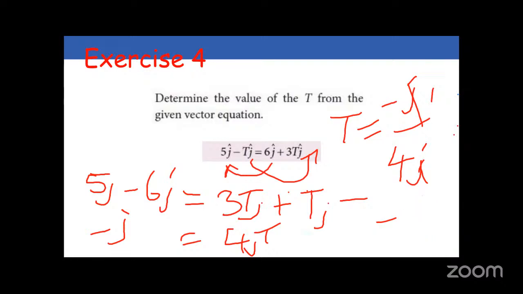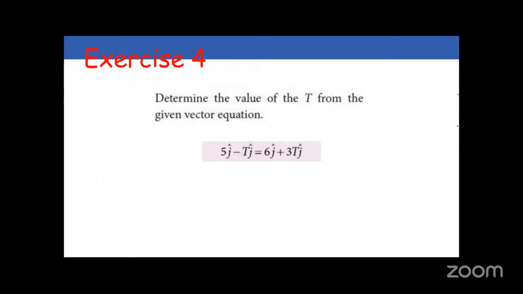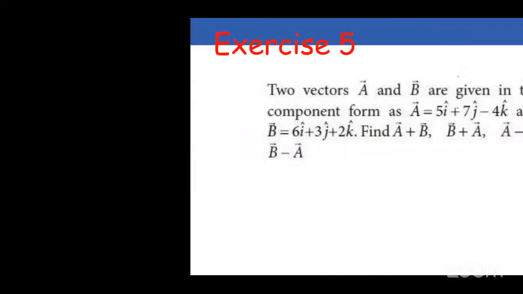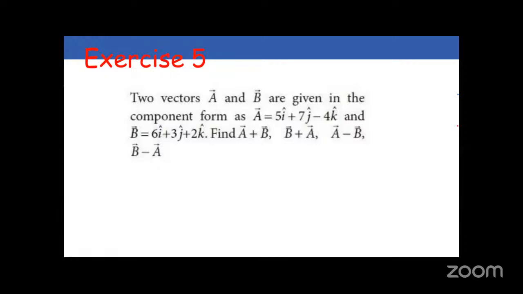All right, so let's move on to the next exercise. So we are given two vectors, A and B. The component form of A is 5i plus 7j minus 4k.